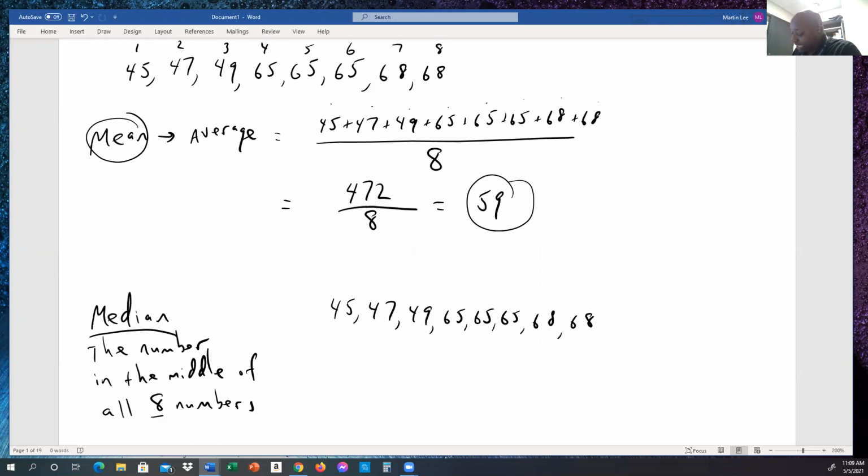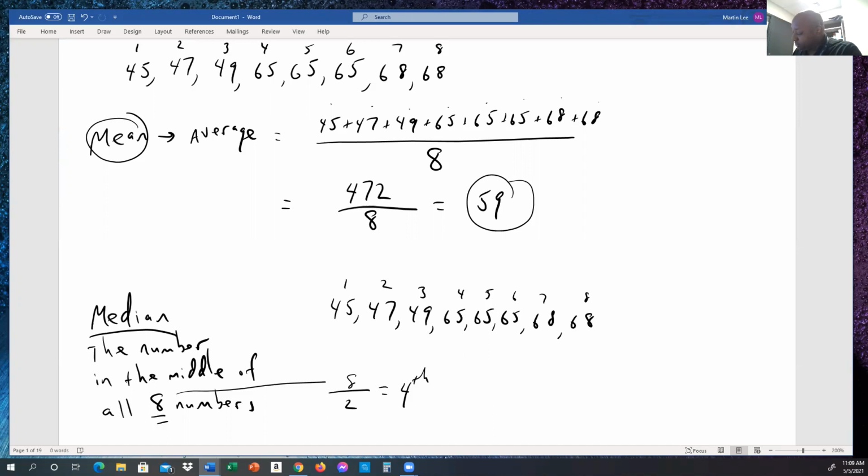And since we had 8 numbers, to find the number that's in the middle, let's take this number 8 divided by 2, which will give us 4. So the fourth number is 1, 2, 3, 4. And let me just number the rest of them. 5, 6, 7, 8.